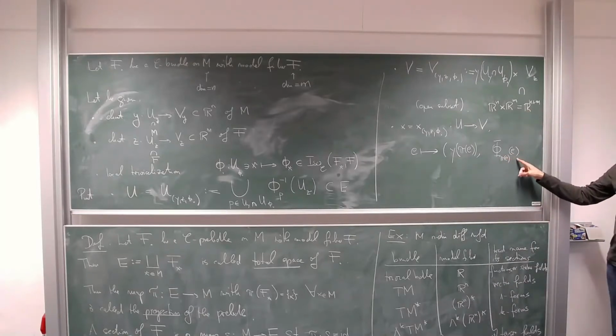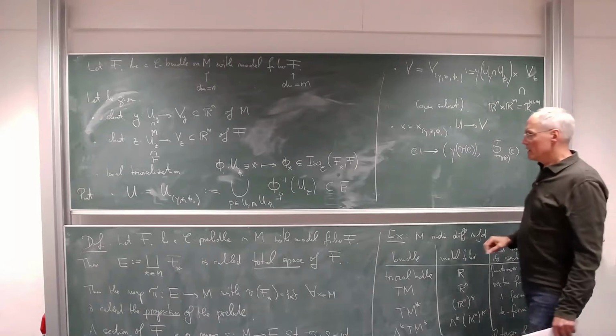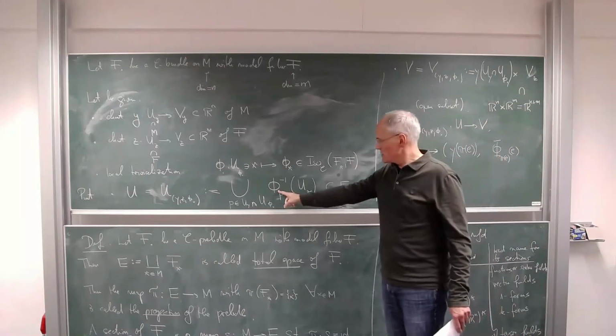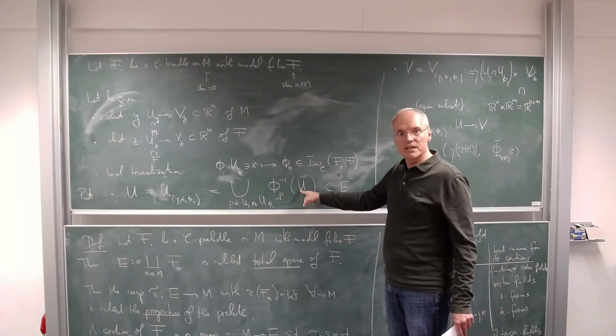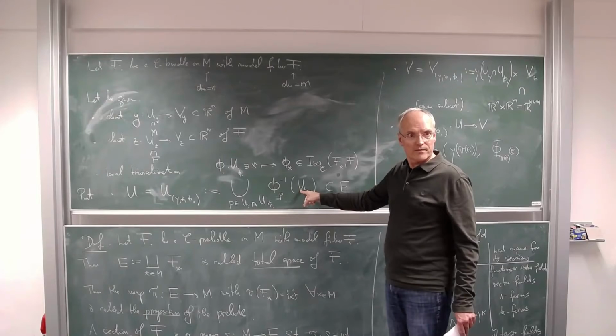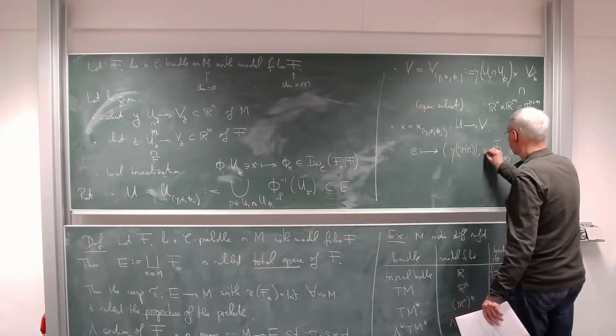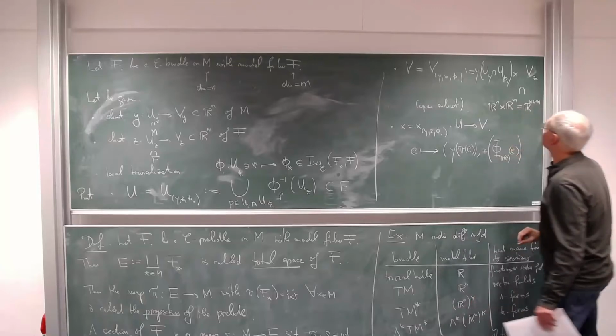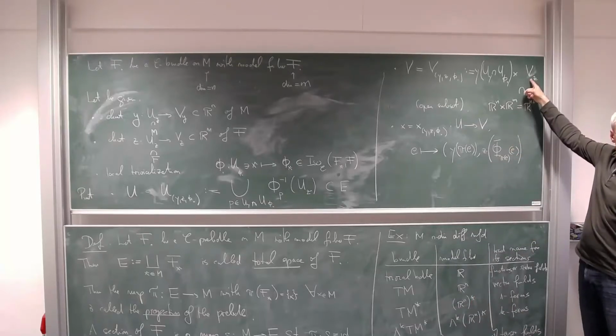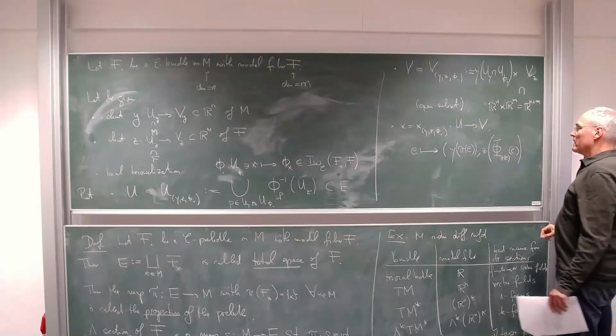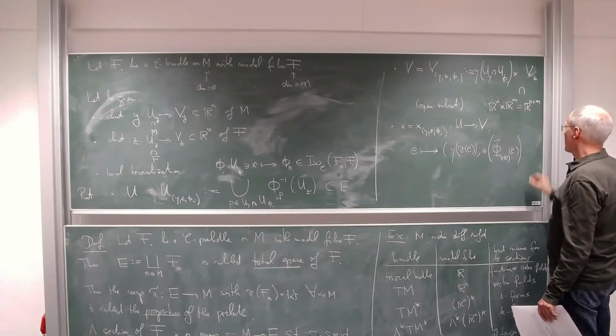Then I obtain an element in F. And I have arranged this in such a way that I'm guaranteed to land in U z. So I can apply my chart z to it, and then I land in V z. Okay.